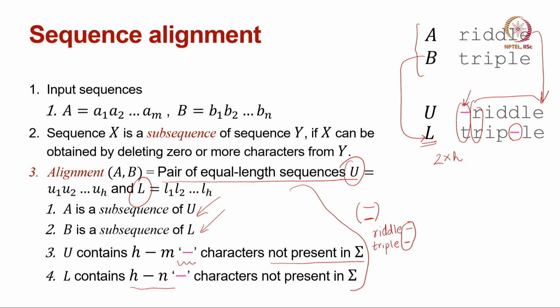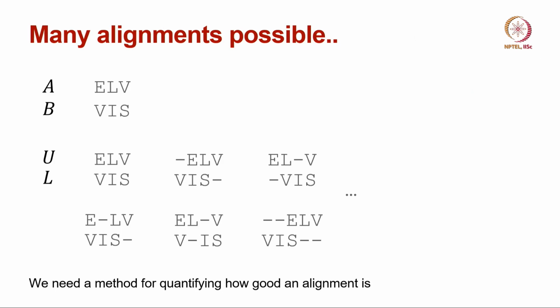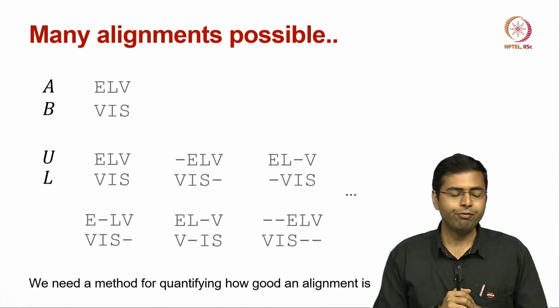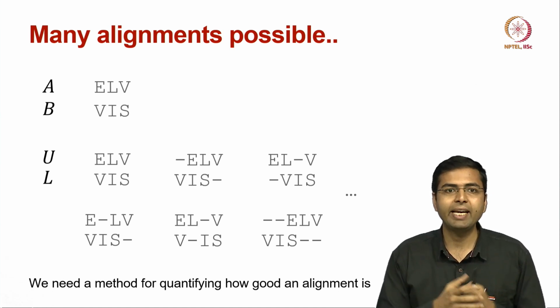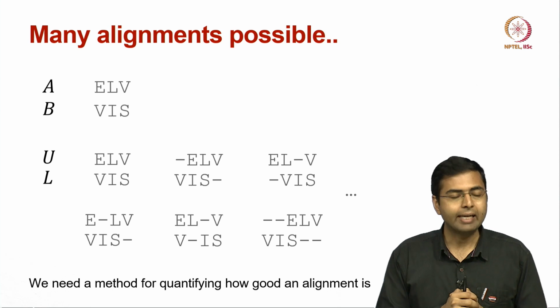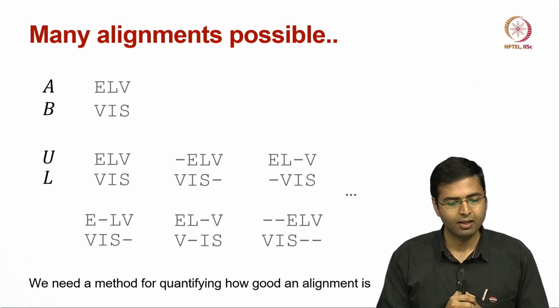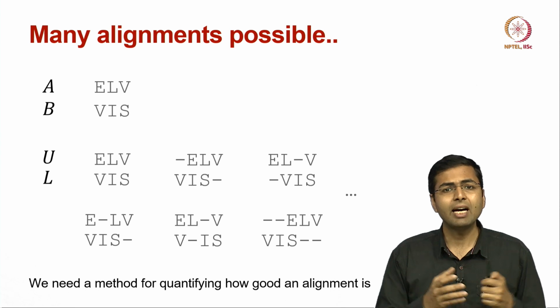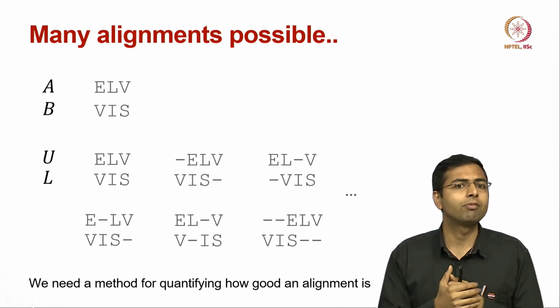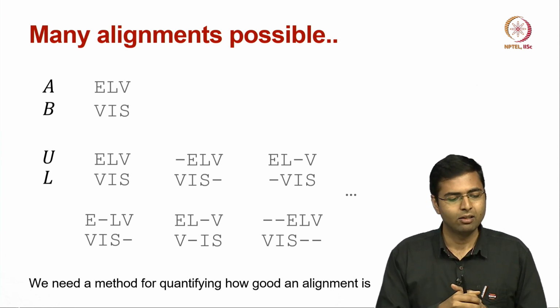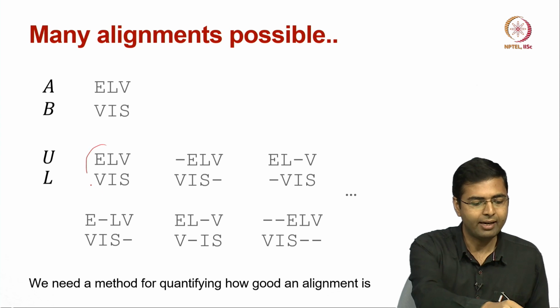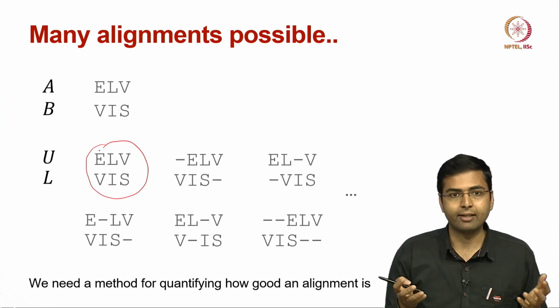Now, the motivation for why we are defining this alignment in this way will become clear in the next slides. Observe that if we take two sequences, let us say sequence A is ELV ELF and sequence B is VIS Viz, then given our definition there are many ways of defining the alignment. For example, I can define my alignment like this, which has no dash characters.